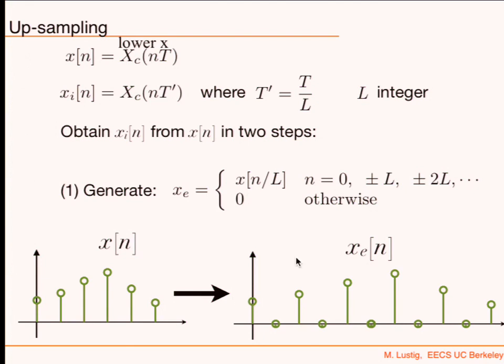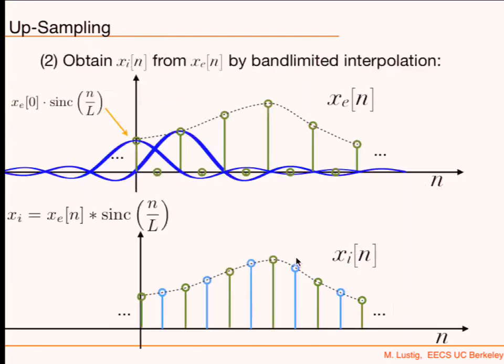Now what I'm going to do is I'm going to obtain x sub I from x sub e by band-limited interpolation. So I'm going to convolve by a discrete sinc of n over L. So I'm going to place a continuous time sinc over those samples that are sampled at n over L. And as it turns out, it's going to look like this.